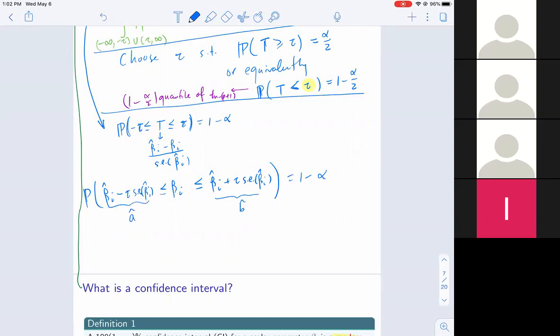The probability that beta i belongs to I hat is 1 minus alpha, where I hat is just this interval: beta hat i minus tau standard error of beta hat i, and beta hat i plus tau standard error of beta hat i. Does that make sense to people? So that would be the confidence interval based on this t distribution.